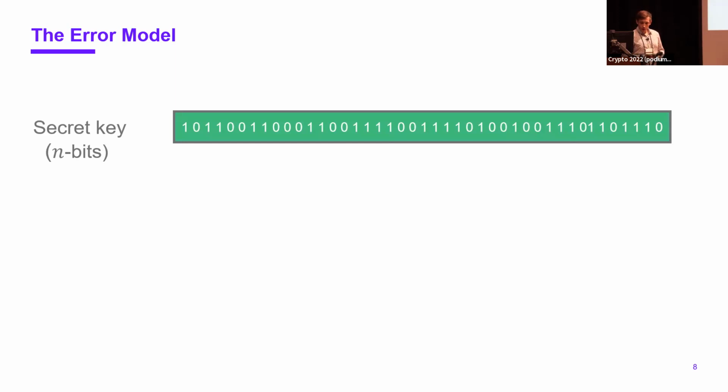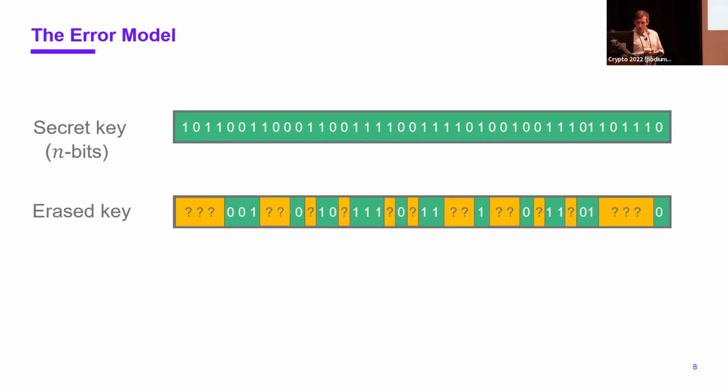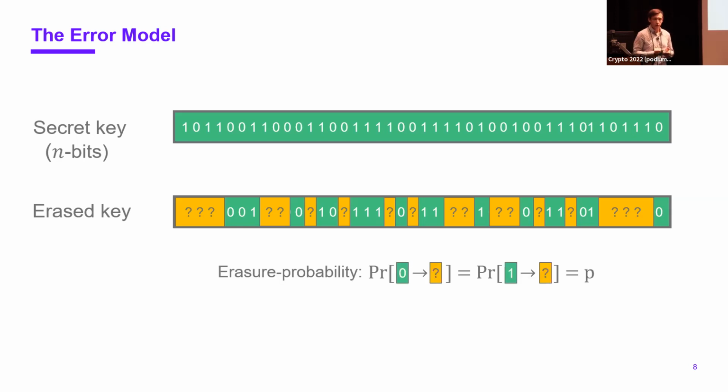In the erasure model, we get knowledge of an erased key, where some of the bits got erased, indicated by these question-marked areas. They are not known, but the positions are known, and the green parts are known, as well as their positions, and they are guaranteed to be correct. Zeros and ones get erased with the same probability.